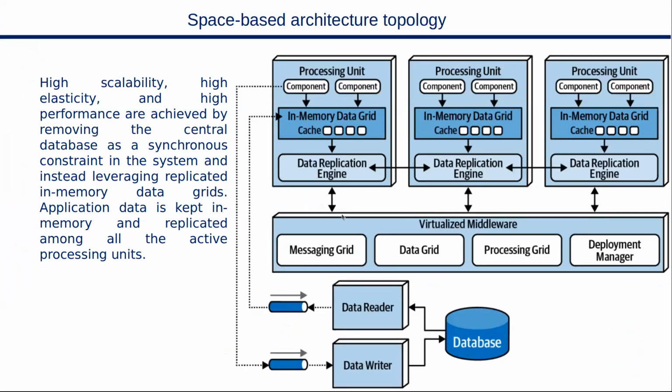Now let's take a look at the topology. High scalability, high elasticity, and high performance are achieved by removing the central database as a synchronous constraint in the system, and instead leveraging replicated in-memory data grids. So application data is kept in memory and replicated among all the active processing units.